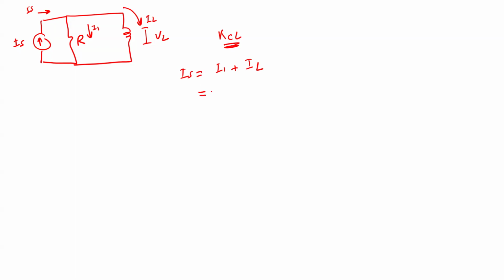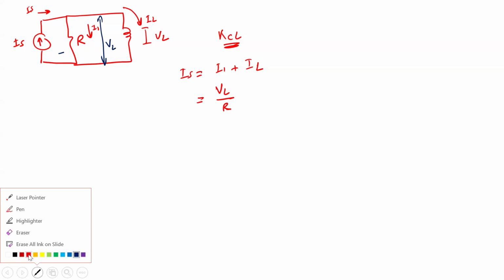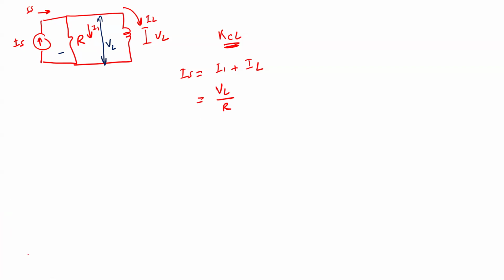And I1 is actually VL divided by R, where VL is the voltage here. So this is VL divided by R plus IL.